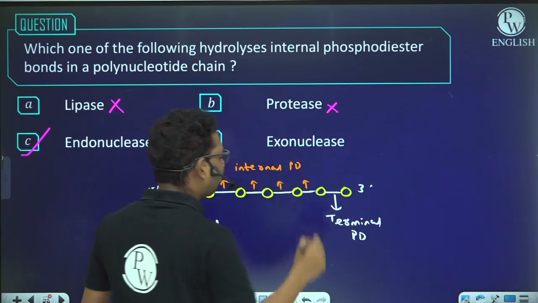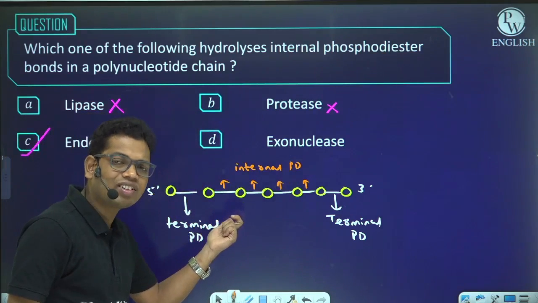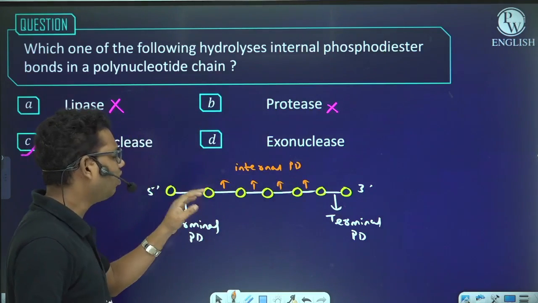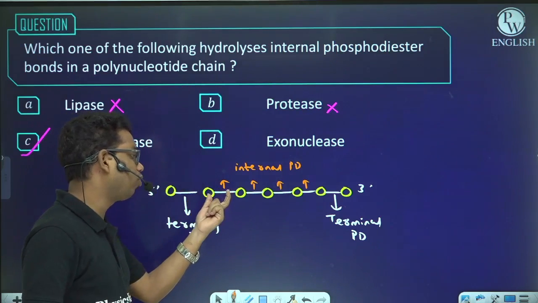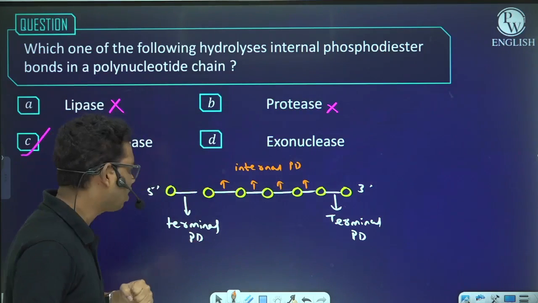These linkages are present in the nucleic acid, and when the nucleic acid is broken down, the phosphodiester linkage is broken. So the enzyme will be called nuclease.